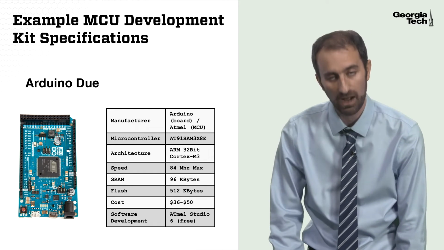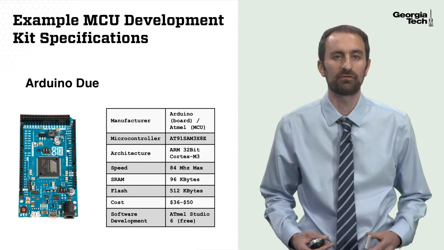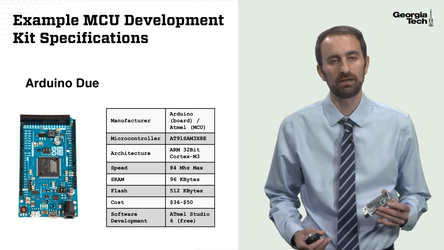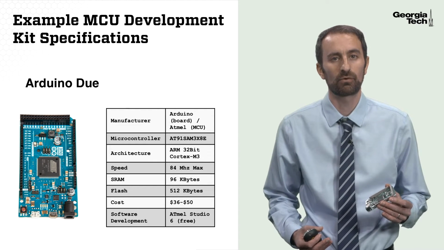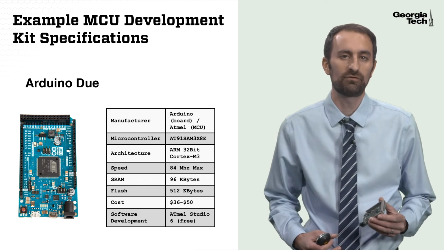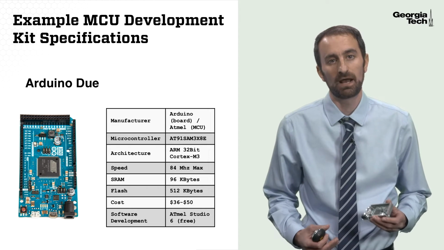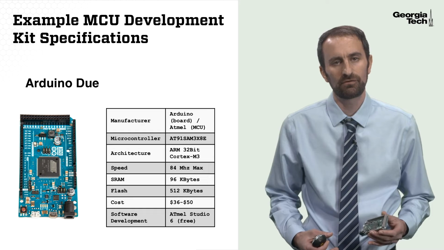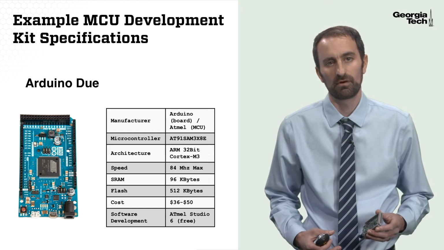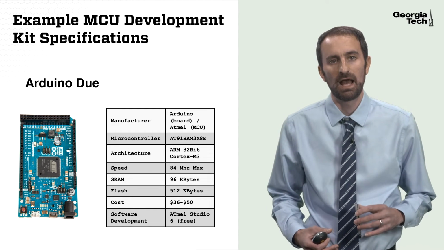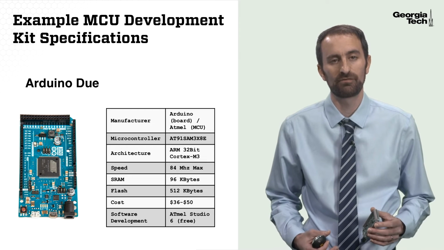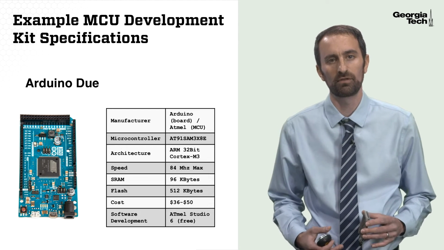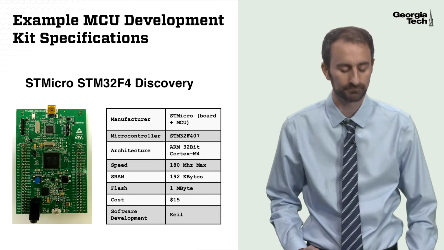Let's take a look at some common microcontroller development kits that are available. The first one is the common Arduino. It's quite popular. It is a 32-bit microcontroller that's made by Atmel, with 96 kilobytes of onboard volatile memory and 512 kilobytes of flash, and usually costs somewhere in the $30 to $50 range.